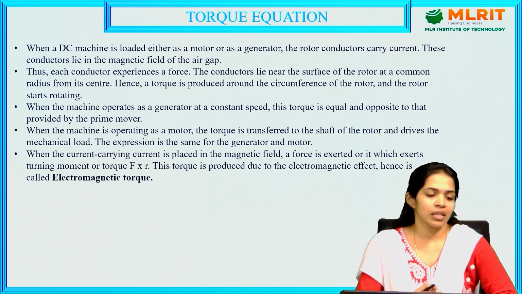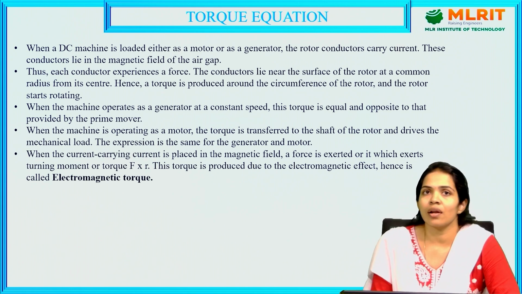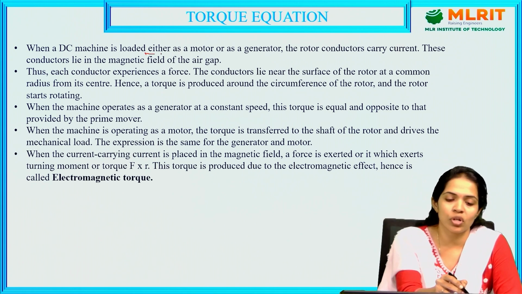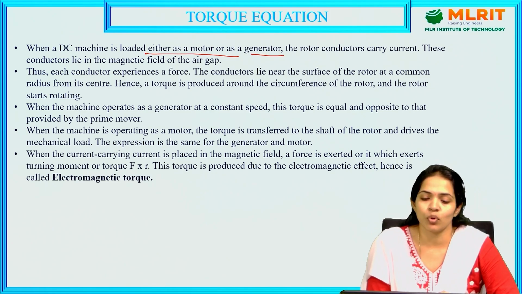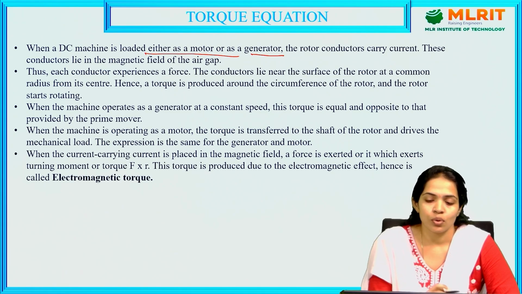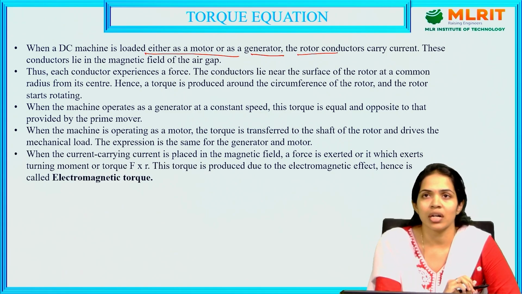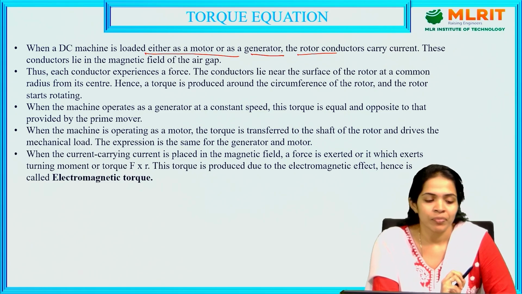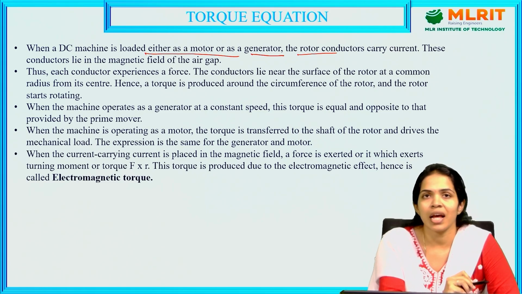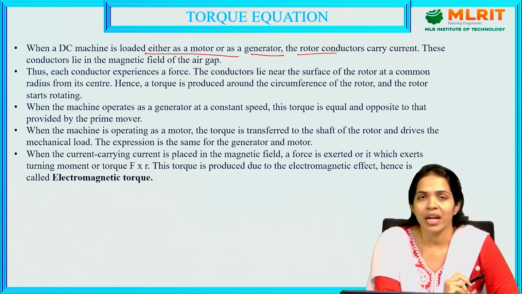So we can see that when a DC machine is loaded either as motor or generator, we know that the rotor conductors carry current in it. Rotor conductors are nothing but the armature conductors. These conductors lie in the presence of magnetic field, which is set up by the magnetic poles present in the stator.